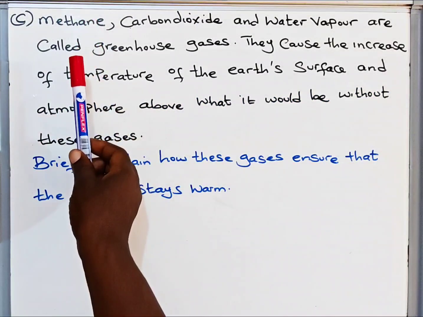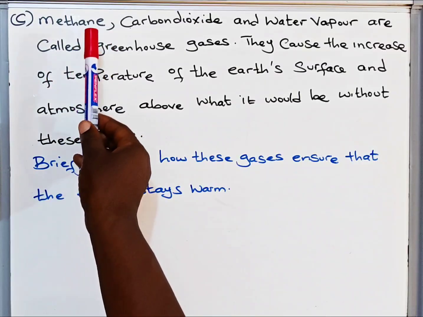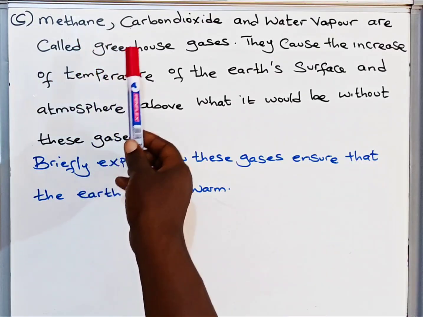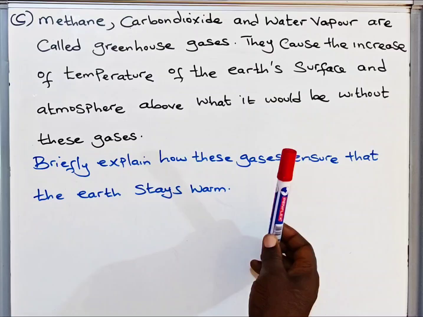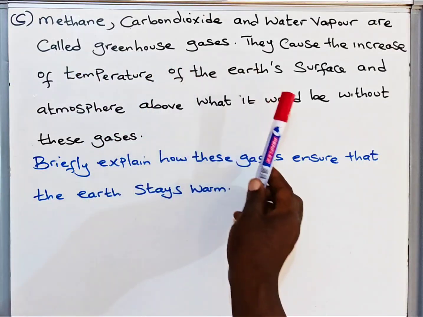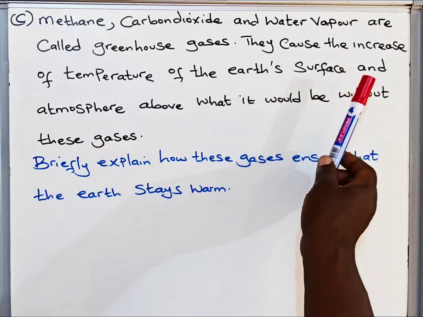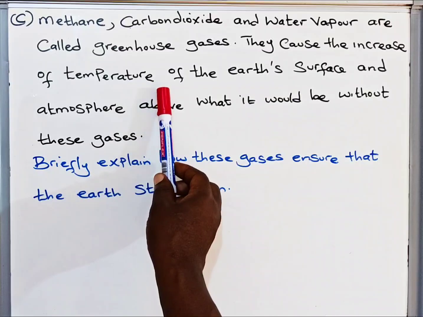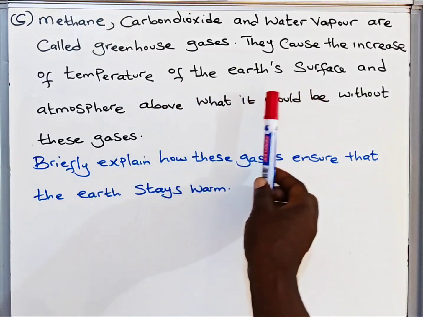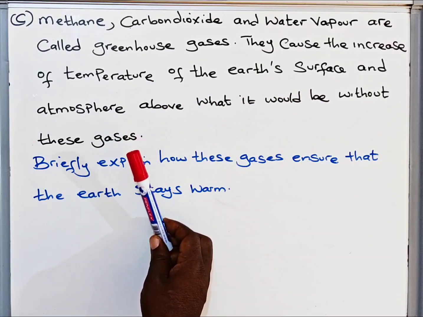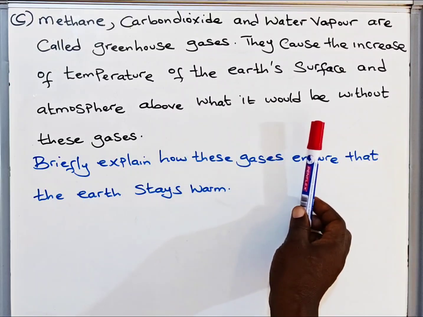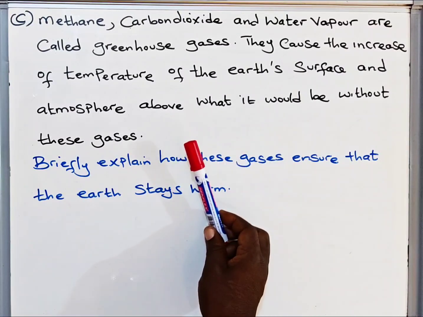Then we come to this case. It says that methane, carbon dioxide, and water vapor are called greenhouse gases. They cause the increase of temperature of the Earth's surface and atmosphere above what it would be without these gases.